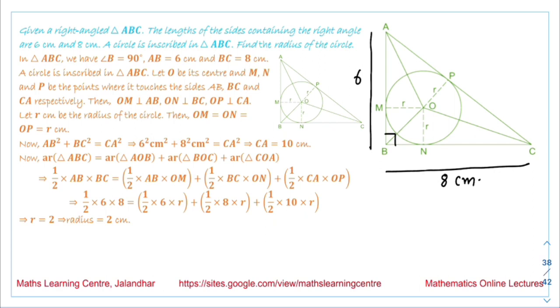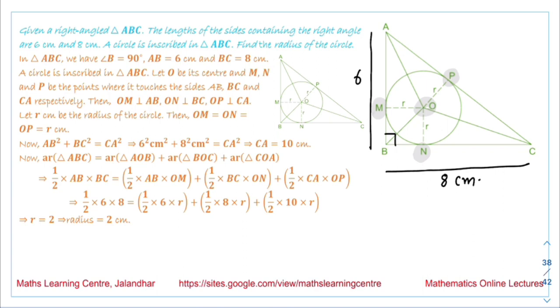So a circle is inscribed in this triangle. Let O be the center of this inscribed circle. We have the points P, M and N where this circle touches the triangle ABC.